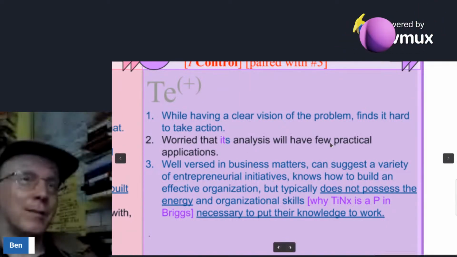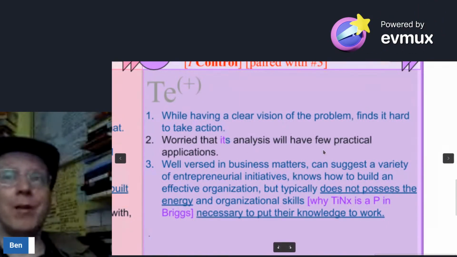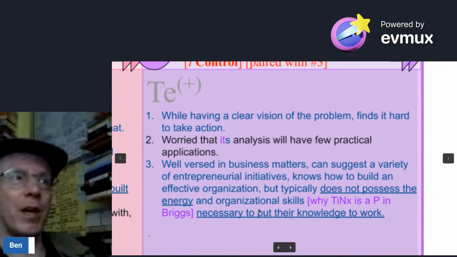Has a clear vision of the problem. Well versed. You see what I mean? It's just a little, and that can be grown. Whereas if the understanding is not there, it's just not going to happen.